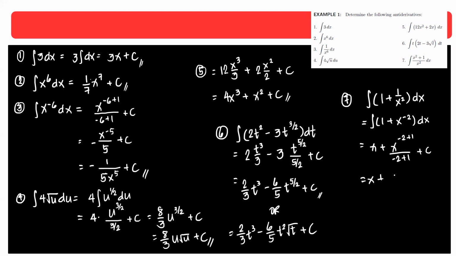So, this is plus x to the -1 over -1 plus c, or simply x minus 1 over x plus c. Be careful with the answers, okay? Are there any questions on how I got this answer? Do you understand? Okay.